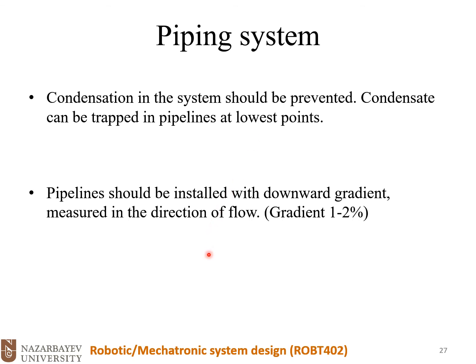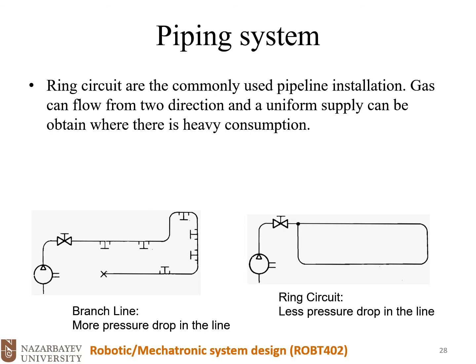Pipelines should be installed with a downward gradient measured in the direction of flow, gradient 1 to 2%. So let's say this is a pipeline and it's good to have a gradient or inclination of 1 to 2%.